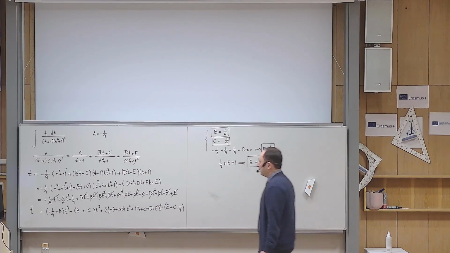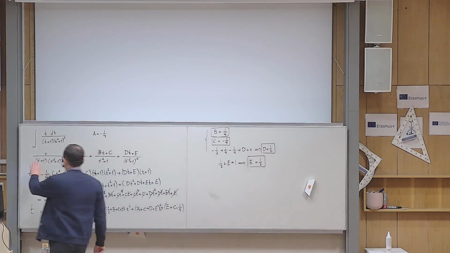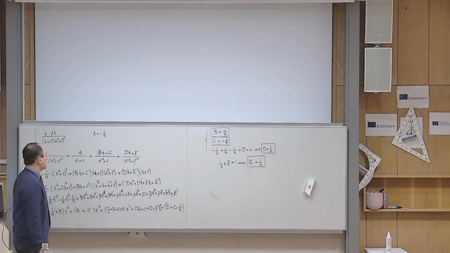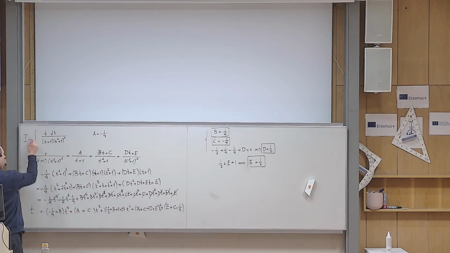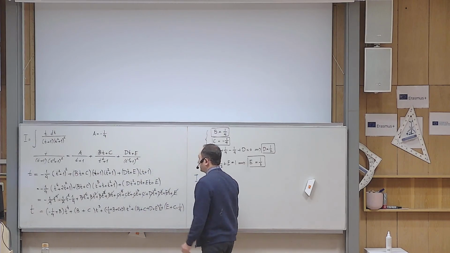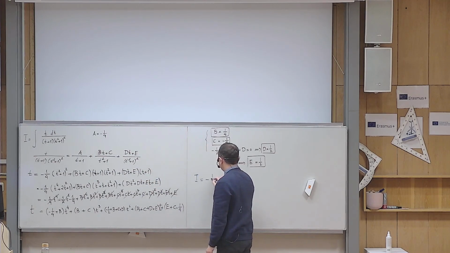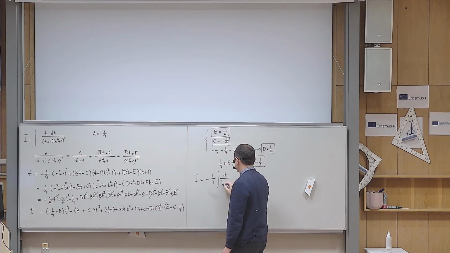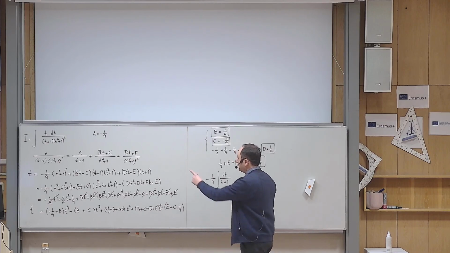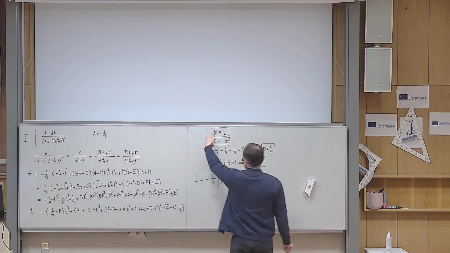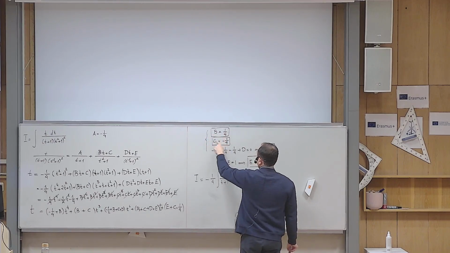Okay, so now the integral of this is these 3 integrals that I have to calculate. Integral the first one, plus the second one, plus the third one. So if you don't mind, let me call this I. So my integral I is now equal to, A is minus 1 over 4, I pull it out, integral of dt over t plus 1. The second one, look, I have B and C here. But B and C are 1 over 4 and minus 1 over 4.